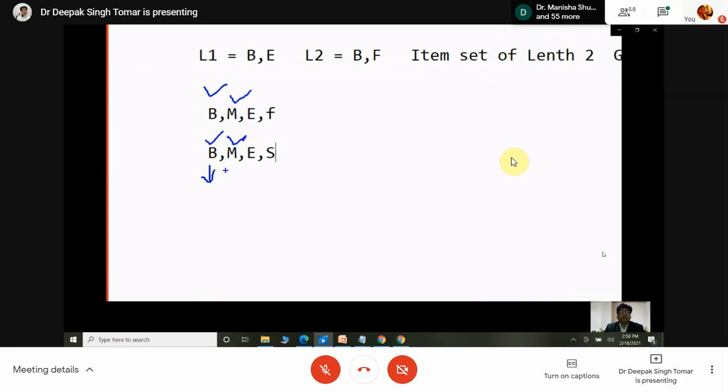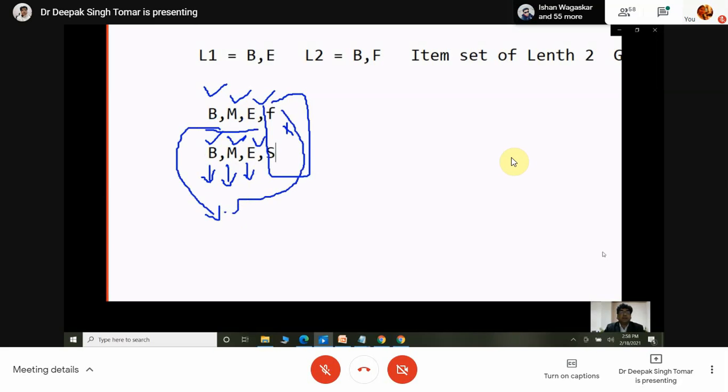So we put it here. These are the same. So we put it here. And the last one may be different. So we take bread, milk, egg. All these other copies, the 3 item sets will be copied here. And then we take this item set.